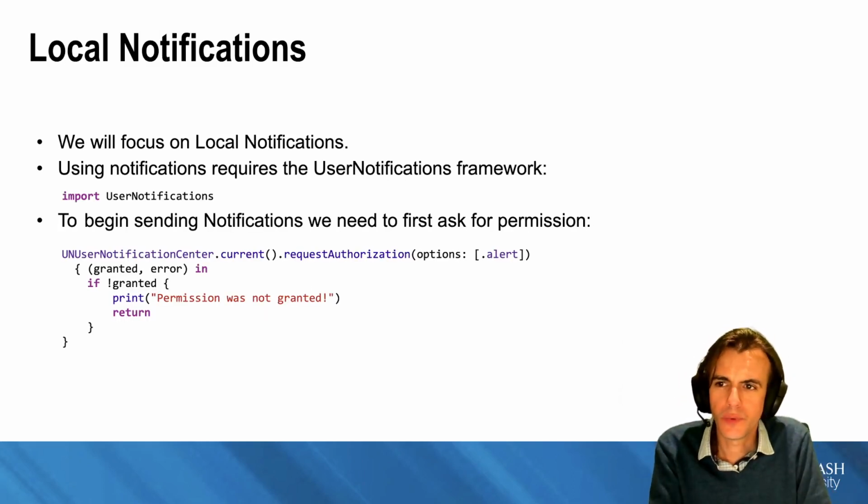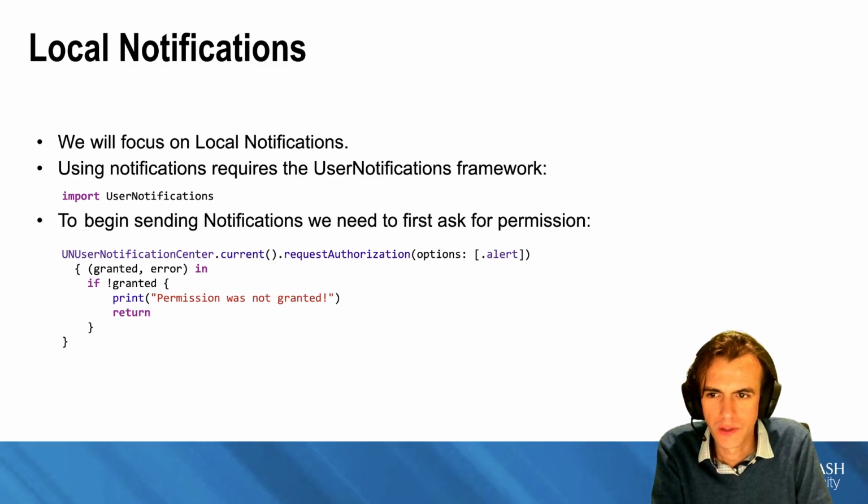So, as I just said, we're going to focus on local notifications. There's a couple of things we need to do to use notifications. We need to import the user notifications framework. And like many of the things we've been looking at over the previous weeks, we need to ask the user if they allow us to send them notifications. So we do that using UN for user notifications.